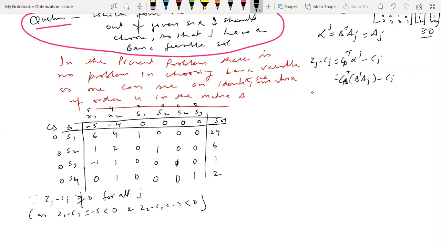So that means the present table is not optimal, is not depicting an optimal solution.